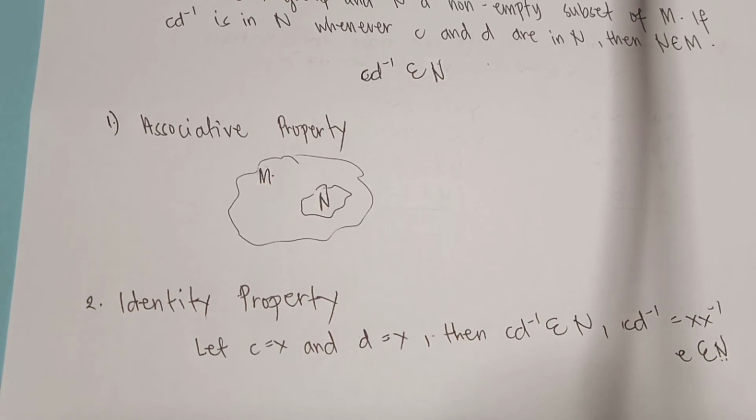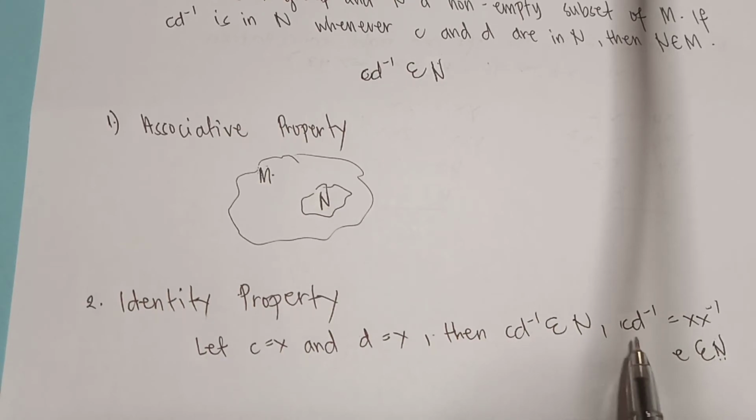We will let C and D be equal to X, then CD inverse is an element of N. Therefore, CD inverse is equal to X X inverse, which is equal to the identity, is an element of N. And now, we're done proving the first two properties.